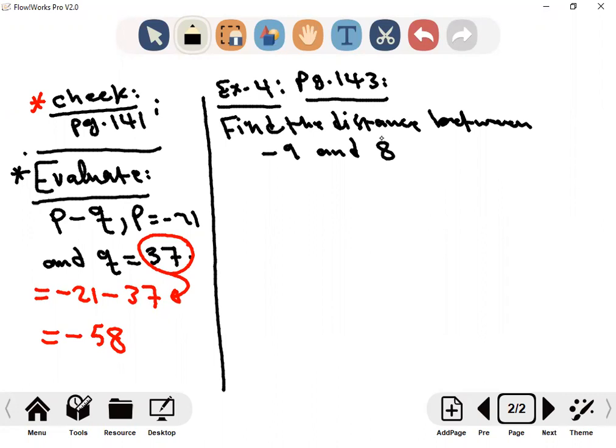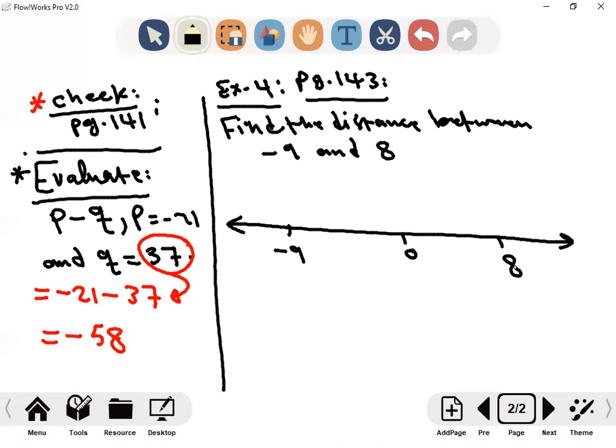If we have a number line here, here is the 0, at the middle. Right is positive and left is negative. So assume that here we have the negative 9, and here we have the 8 positive, right?